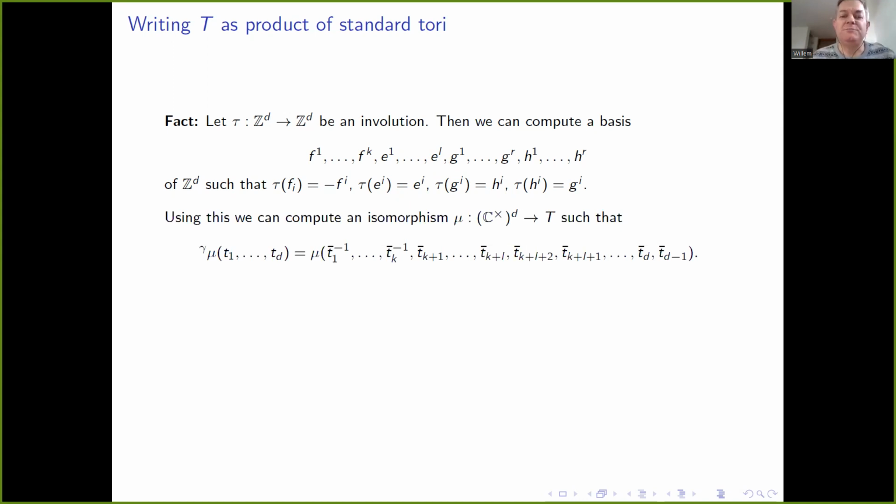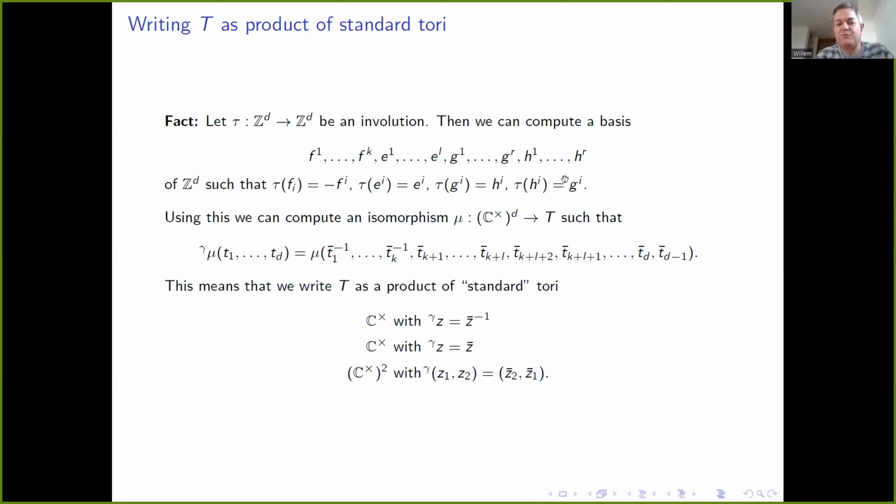And then using this basis, we can compute another isomorphism of C cross to the d to our T, such that if I act with the conjugation on such an element, I get mu. The first k arguments are conjugated to the minus 1. Then in the next l arguments, the argument is just conjugated. And in the remaining ones, the arguments are interchanged, which corresponds to this interchanging of the bases. And of course, they are conjugated.